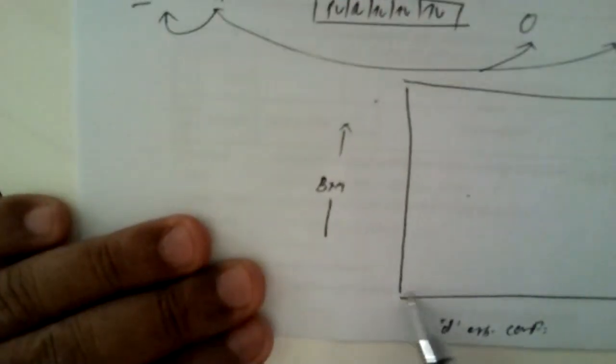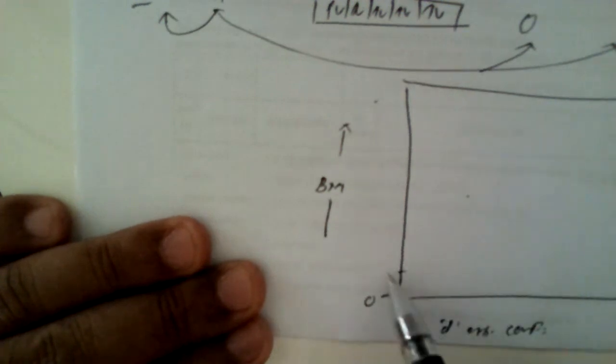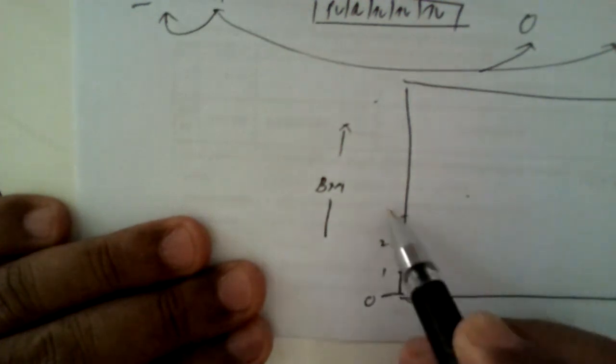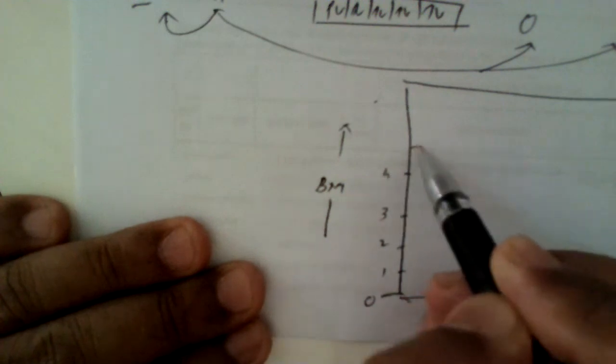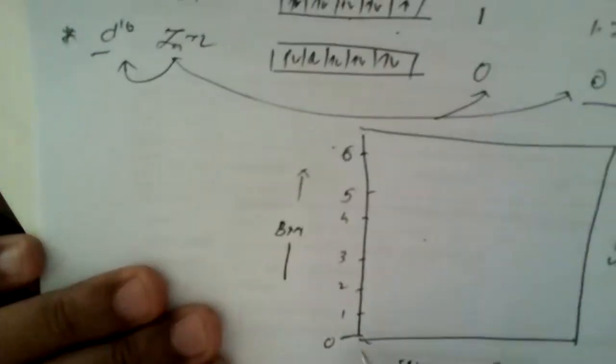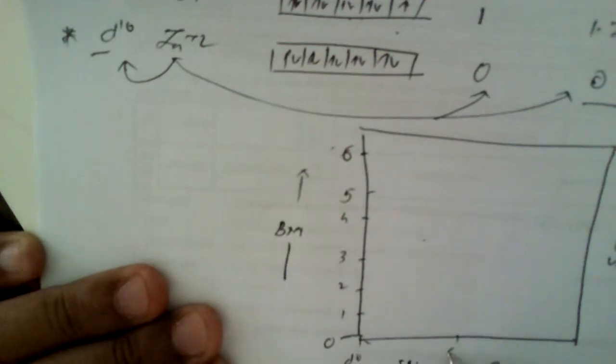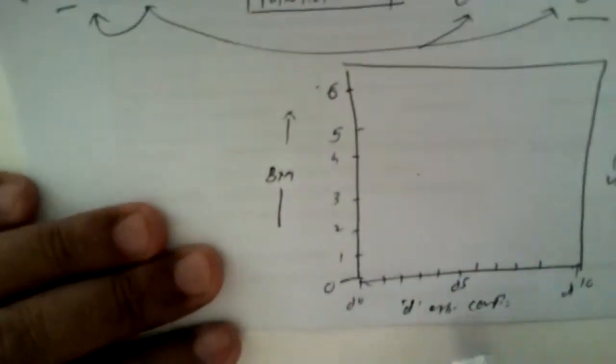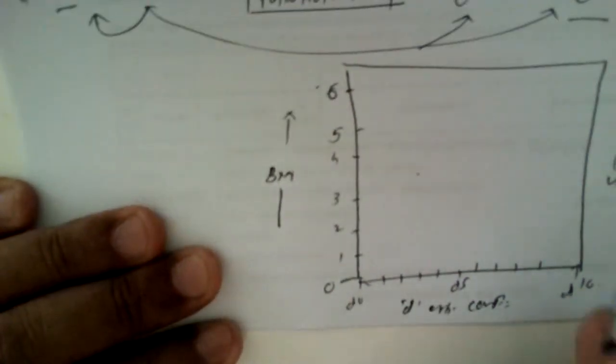So we can label the magnetic moment as 0, 1, 2, 3, 4, 5 and 6. Here D0, this is D5, and this is D10, that is 1 to 10, so this is D0 to D10 configuration.